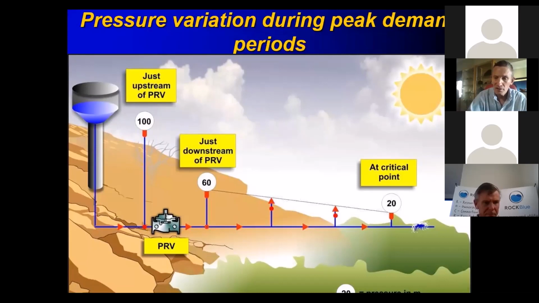You would typically have a PRV in here. The PRV would give you a stable pressure of 60 meters into the zone, and during the daytime, due to people using water, you have friction losses which will give you, say, 20 meters at the critical point. Okay.